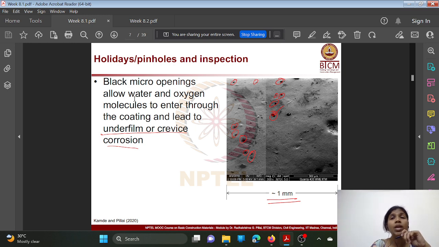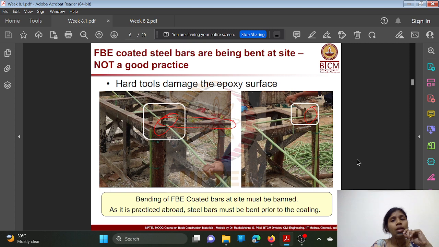It will be a localized corrosion, because only a small part of the rebar will be exposed, right? So at that location you will have more corrosion action, that is localized corrosion at the surface of the rebar.